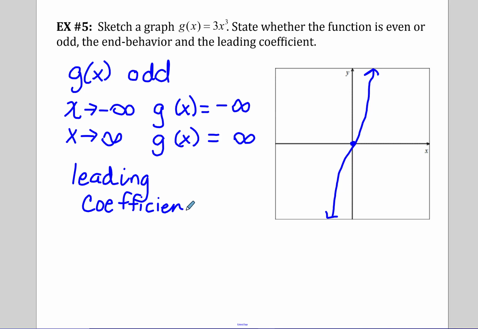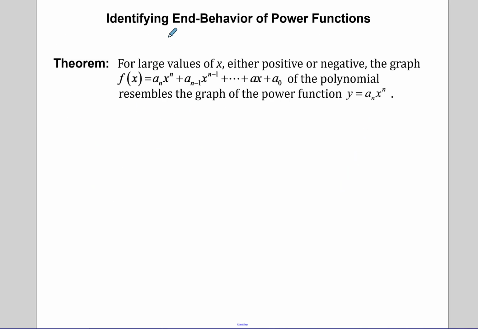And in our next example, we want to talk about, again, I'm trying to tie the behavior of graphs when you have large values of x, either positive or negative, for some polynomials, say 2x squared plus 3x minus 5.